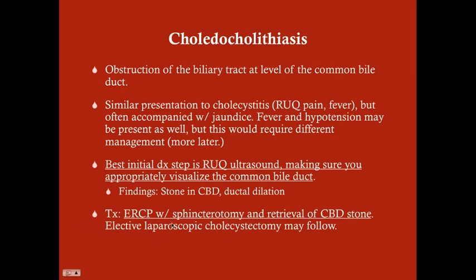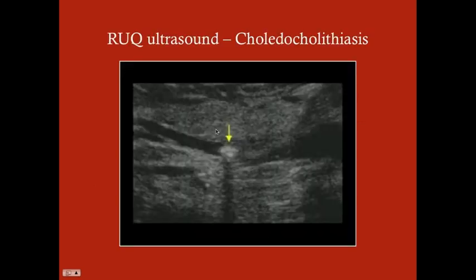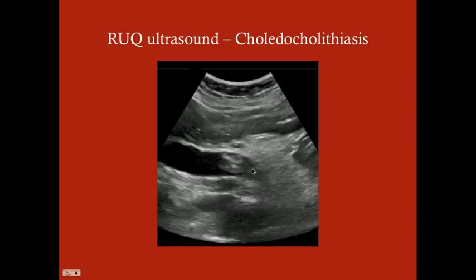And then because they've got stones and it's created symptoms, you'll want to refer them for elective laparoscopic cholecystectomy. And here's a stone in the common bile duct. Another one.